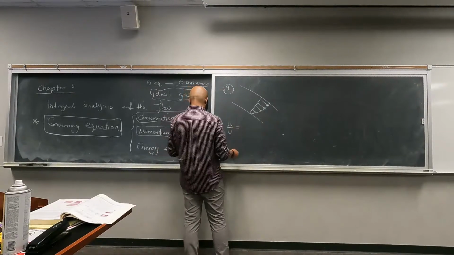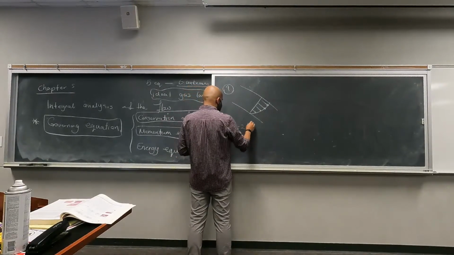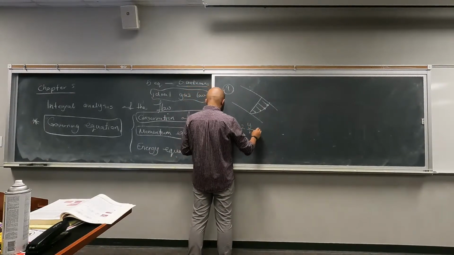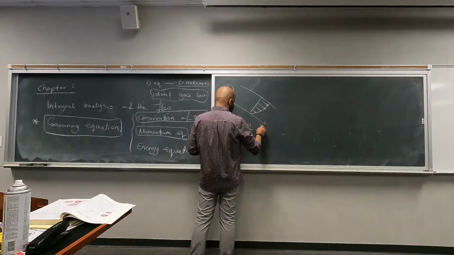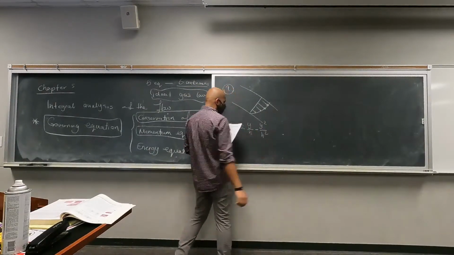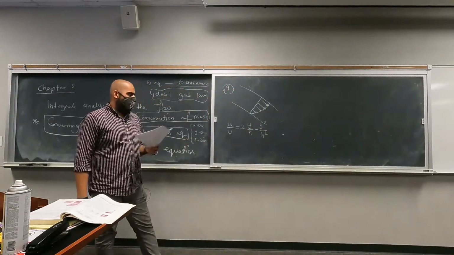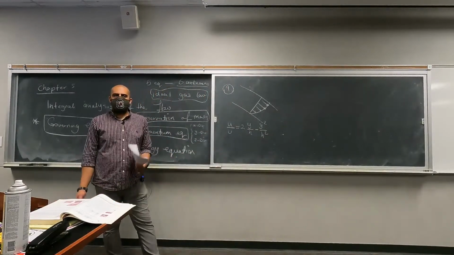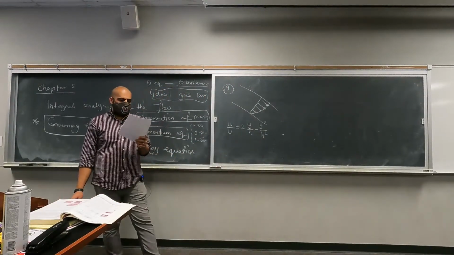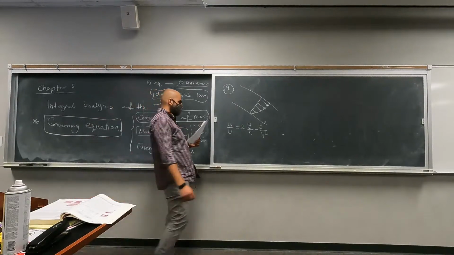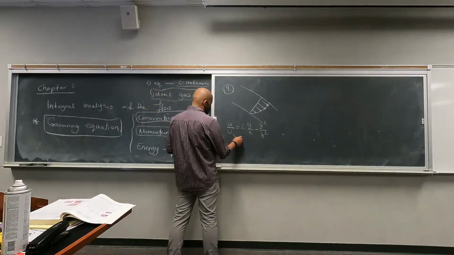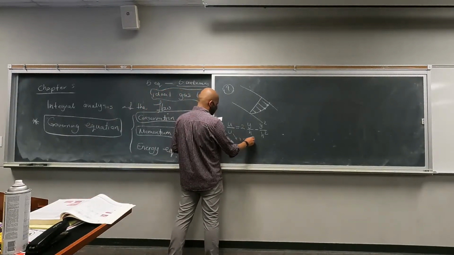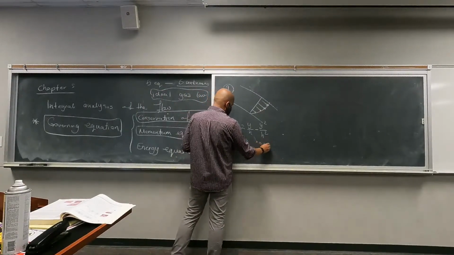u divided by U is 2y divided by h minus y squared divided by h squared. h and capital U you're supposed to assume are constant numbers, right? You're actually given those numbers. U is 0.2 meters per second and h is 0.1 meters.